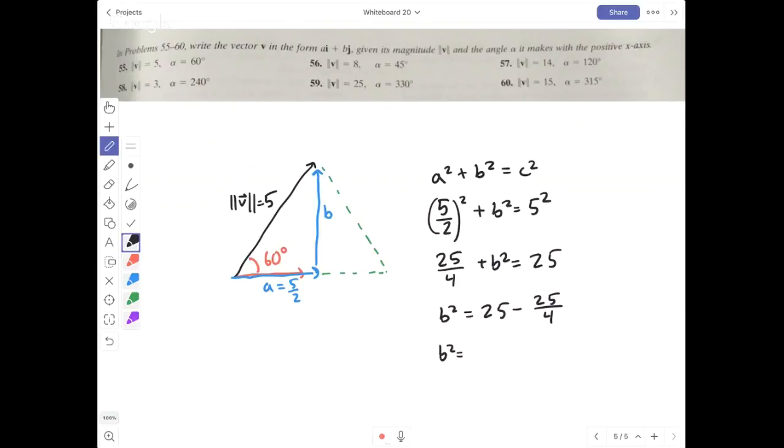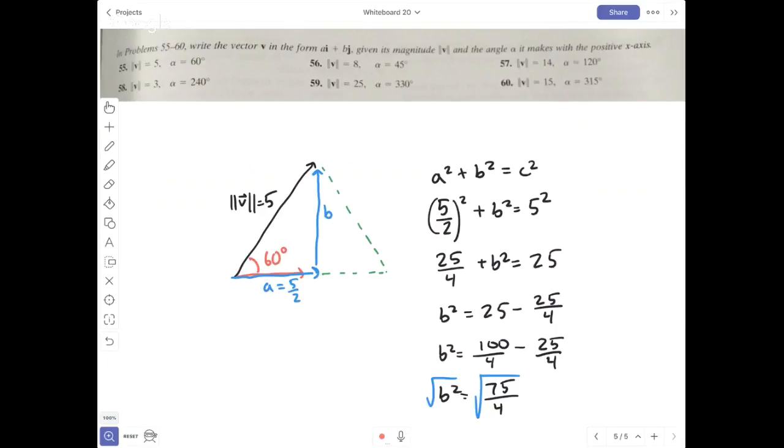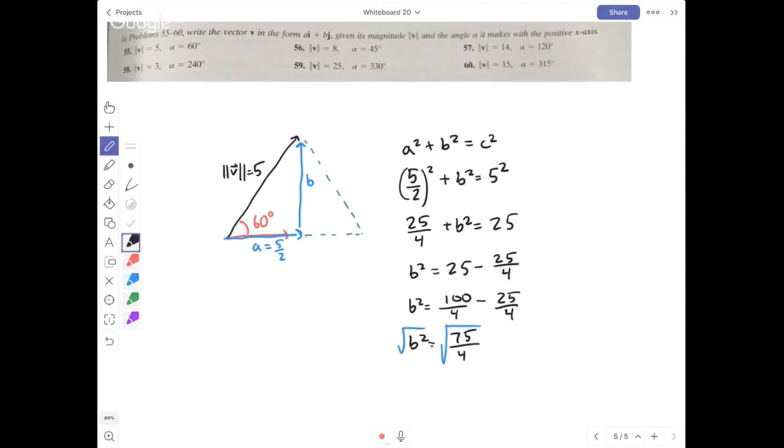So that B squared equals 100 quarters minus 25 quarters, now that I have a common denominator, and B squared equals 75 quarters. When I square root to find B, I get B equals 5 root 3 over 2.